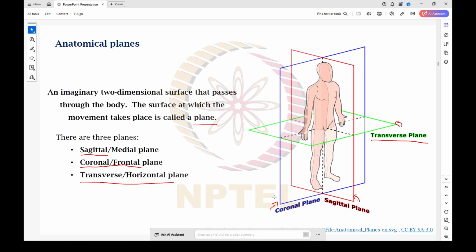There is the coronal or the frontal plane, which divides the body into front and back, and there is a transverse or horizontal plane, which divides the body into a top half and a bottom half.